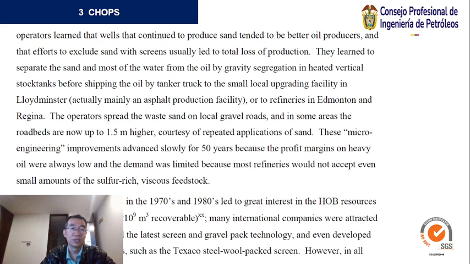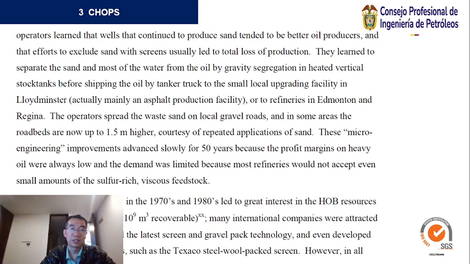They learned to separate the sand and most of the water from the oil by gravity segregation in heated vertical stock tanks before shipping the oil by tanker truck to the small local upgrading facility, actually mainly an asphalt production facility, or to refiners in Edmonton and Regina.